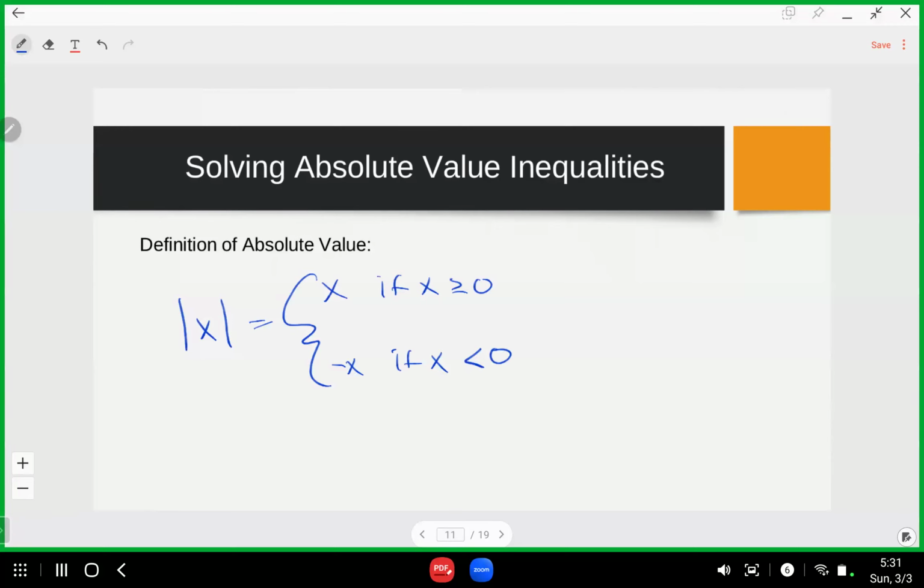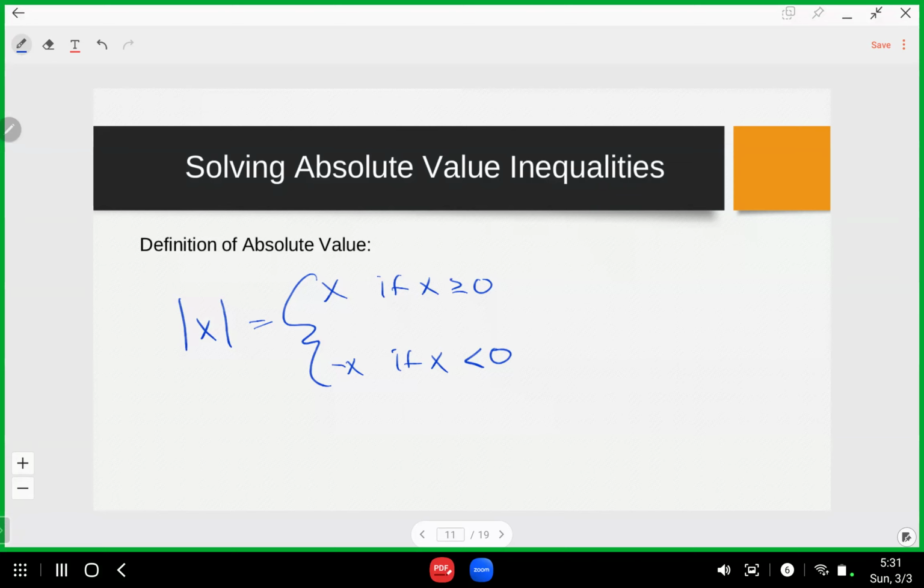So that is the conditional algebraic definition of absolute value. We don't really need to know this much for absolute value inequalities, but it is good to remember because we will be working more with absolute values later on, and you need to remember the tricky parts about the absolute value.